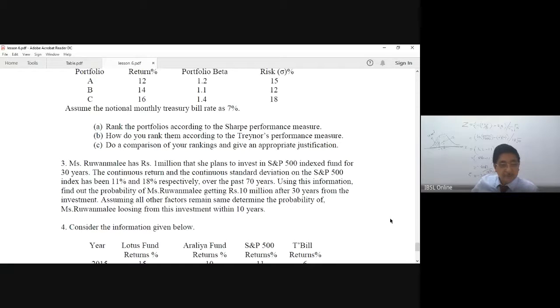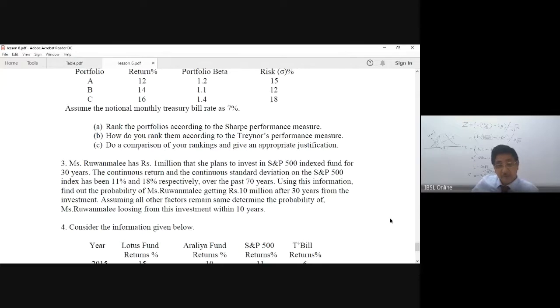Now I will ask you to try this example. When you read the sum, you will find that you can use the future investment value model for this, because all the things are given with a certain compatibility, where they say the continuous return and continuous standard deviation on the S&P 500 have been 11 and 18 respectively over the past 70 years.